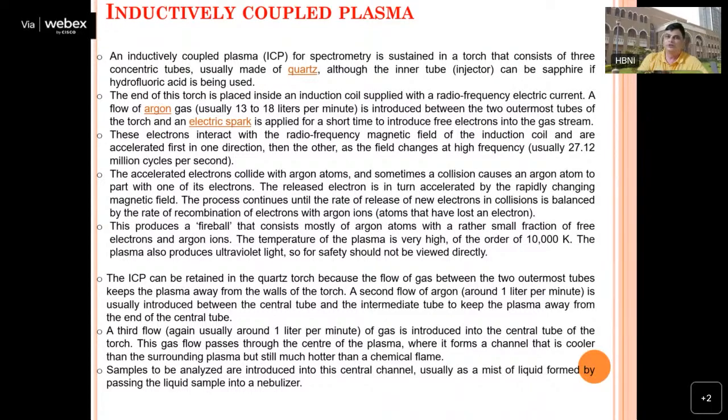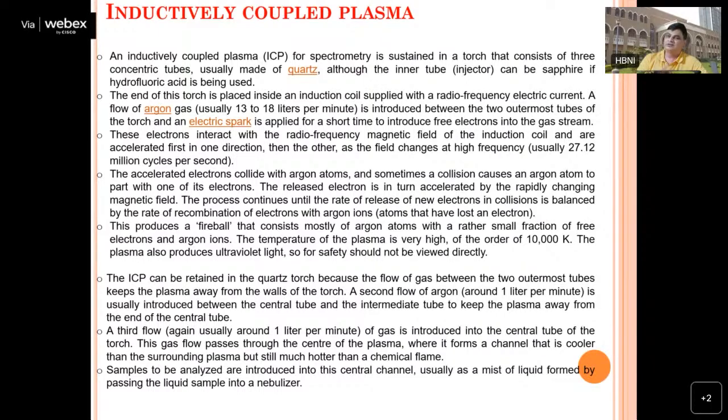I think these are the two most desirable frequencies available. For the generation of the plasma, once the electron is initiated by a Tesla coil, as the argon flows, first the liberation of electrons is done, and then they move through the tube, and the argon gas moves in an electric and a magnetic field.